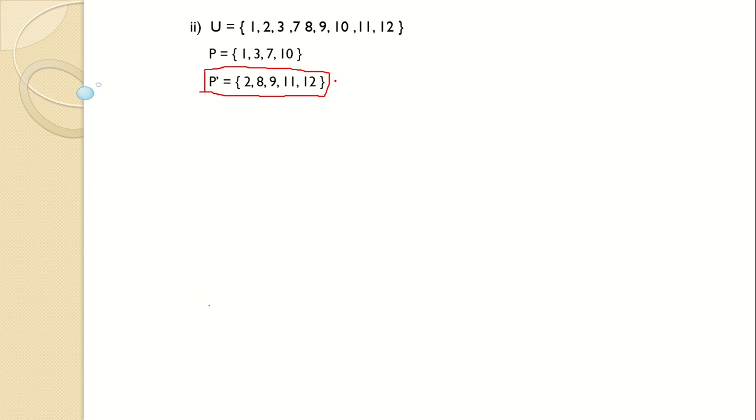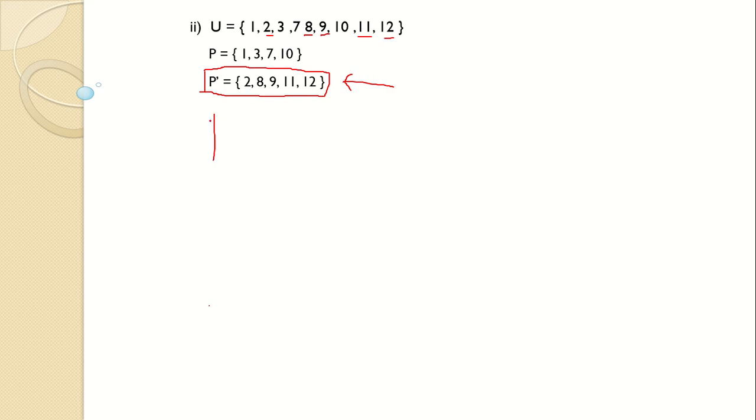Now I have to find complement of this set. Means what? All the elements that are not in this set but are in the universal set. So just mark here 2, 8, 9, 11, 12. These are the elements in the set P complement.